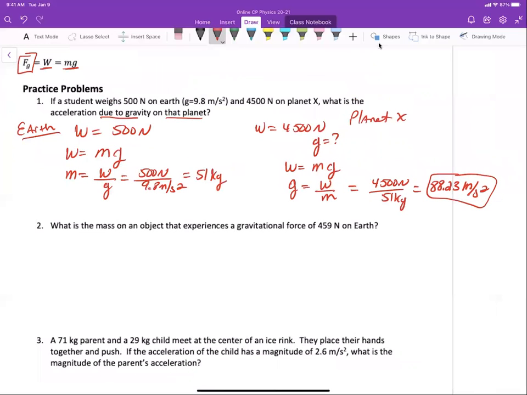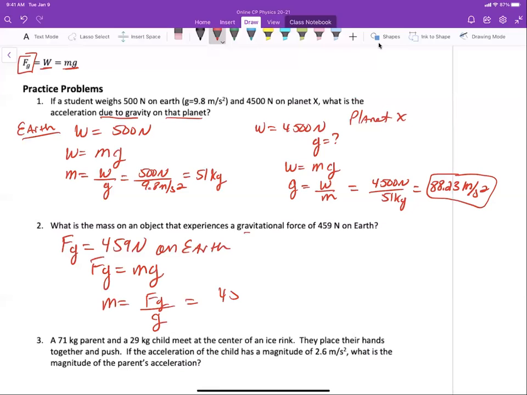What is the mass of an object that experiences a gravitational force of 459 newtons on Earth? We want to know the mass. So Fg is equal to mg. So mass is equal to Fg divided by g on Earth.